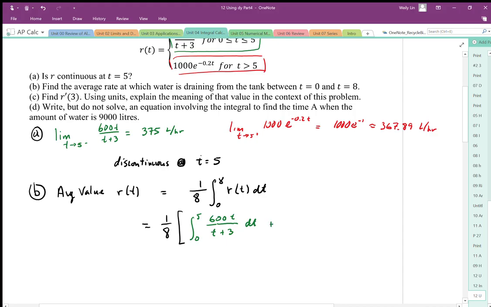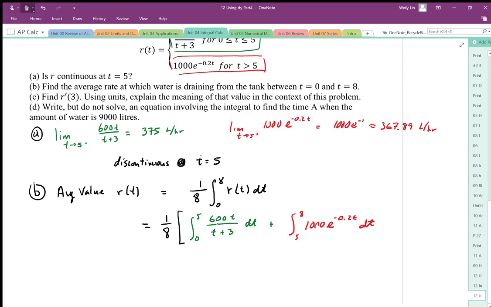And then we're going to add that to the area under the curve from 5 to 8 of 1,000 e to the negative 0.2t dt.